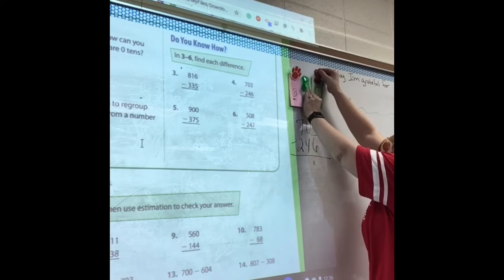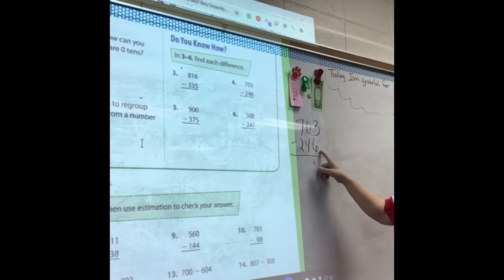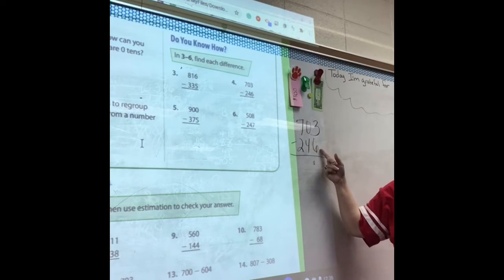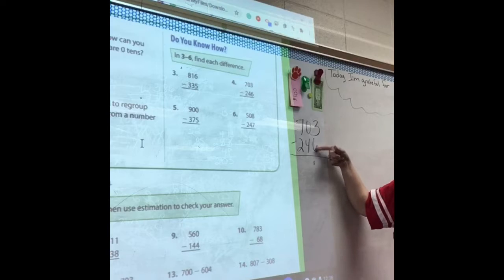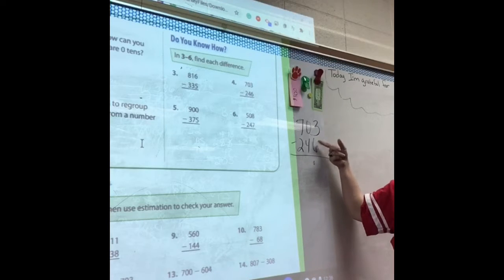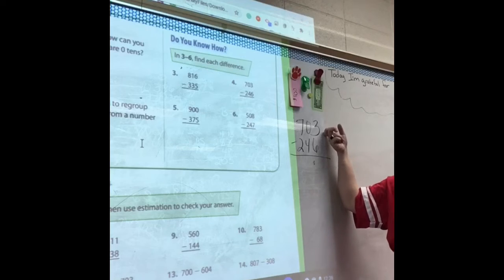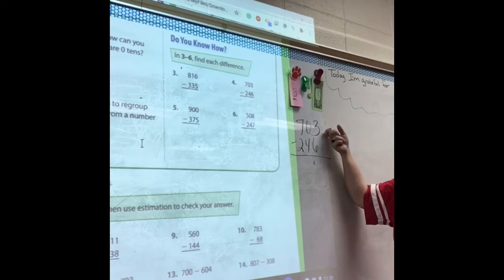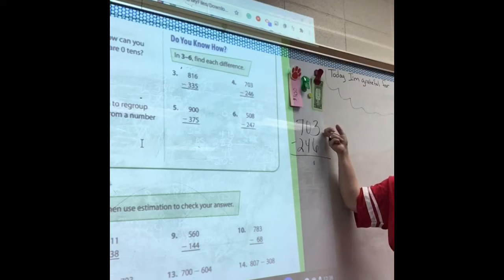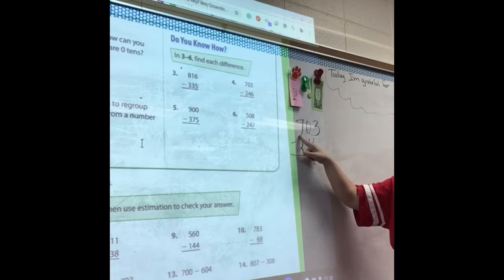Now on the bottom, if the number's bigger than my top, right above it in the same place value, I have to get some more. I can't subtract if the number on top is smaller, right? So I cannot subtract 6 from 3, but I can get some change, because I have $700.